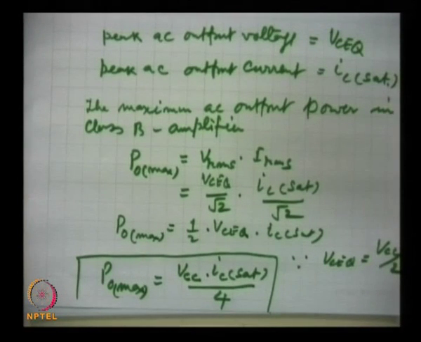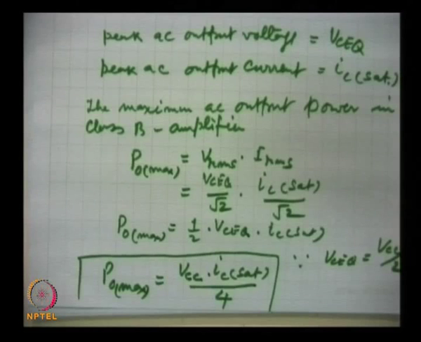If we know the value of IC saturation and what single VCC DC source we are using to bias both the transistors, we can find out the maximum output AC power available from the push-pull amplifier. And then we can go for efficiency.